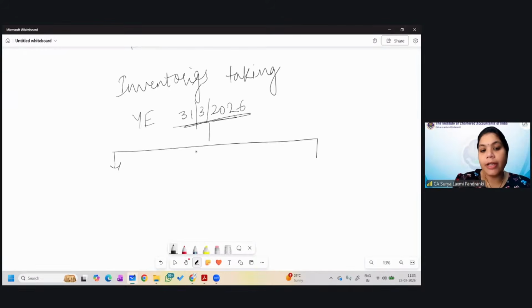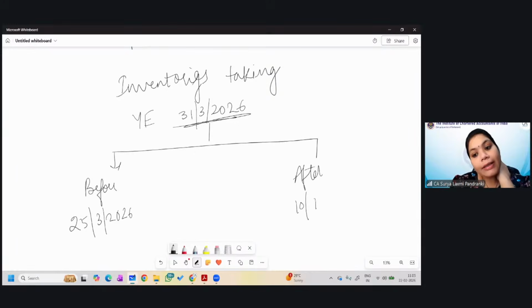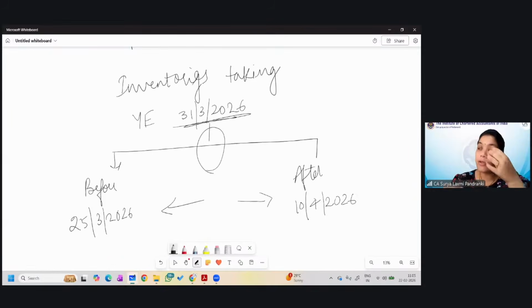You can do it either before or after. Both are possible. Let us suppose I am doing my physical counting on 25th March 2026. Possible. Sometimes I do it on 10th April 2026. This is also possible. Or you do it on the year end date also. That is also possible.